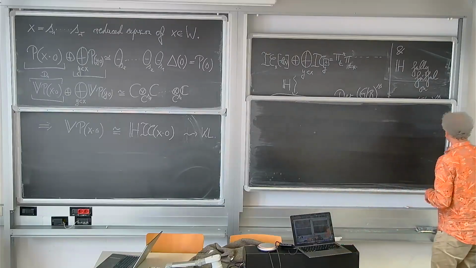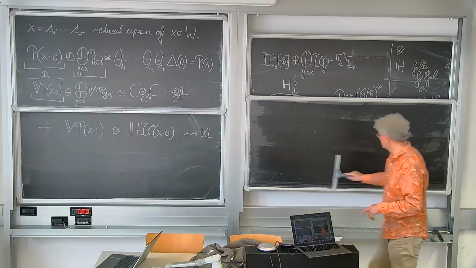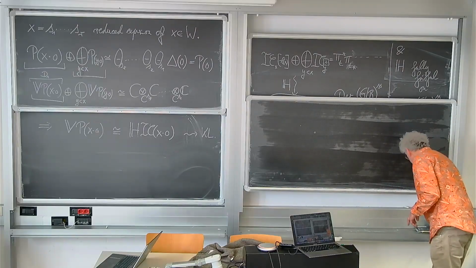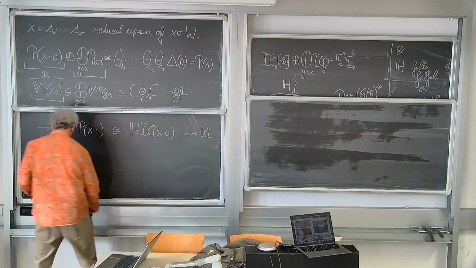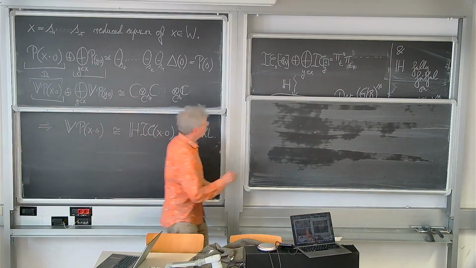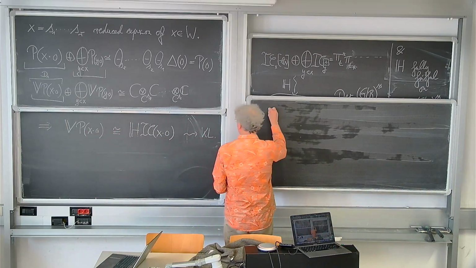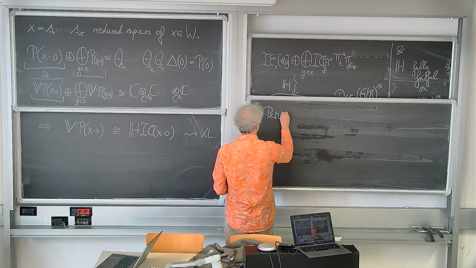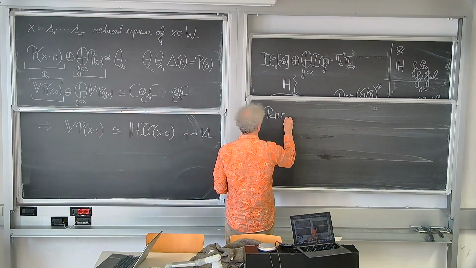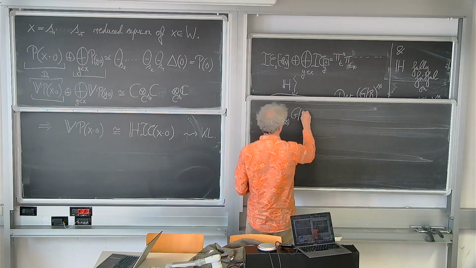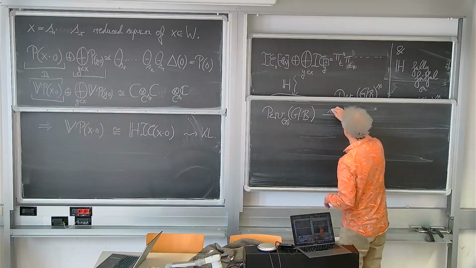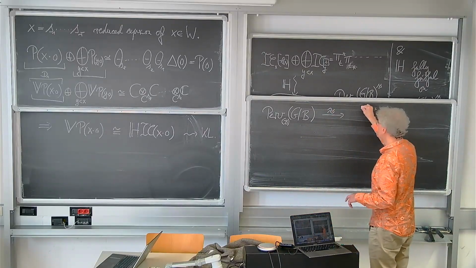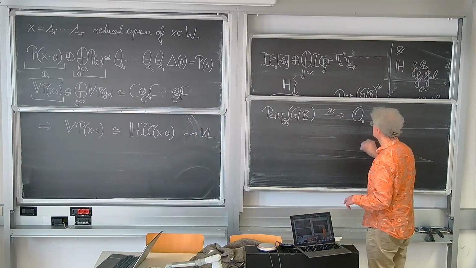Namely, finally, we know that the perverse sheaves on the orbit of V naught B are equivalent to the category O0.